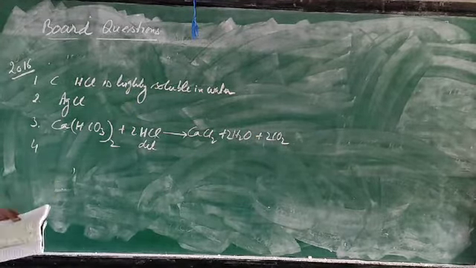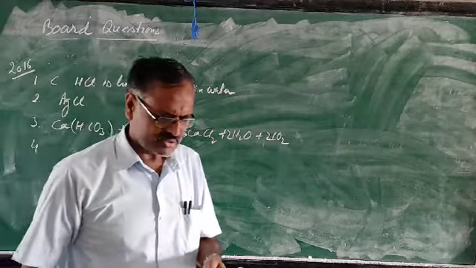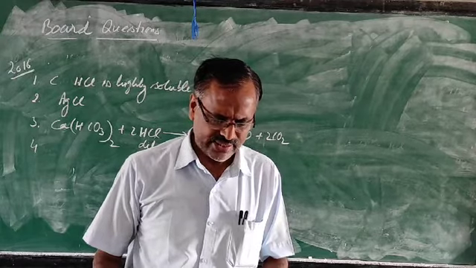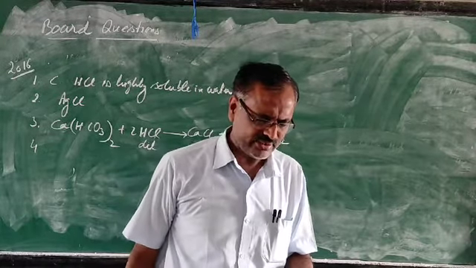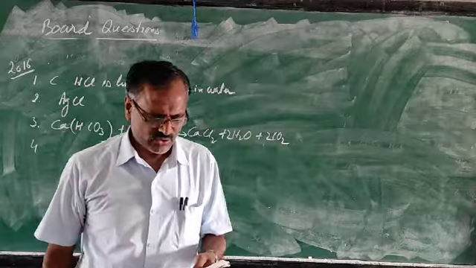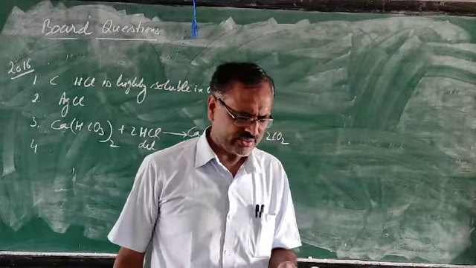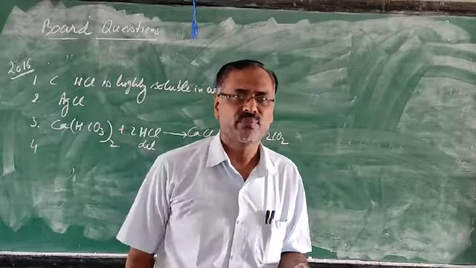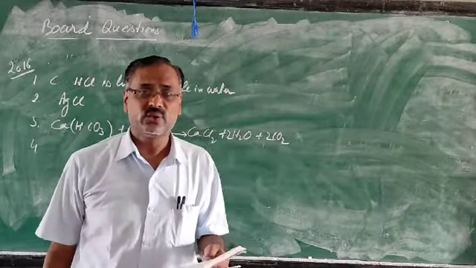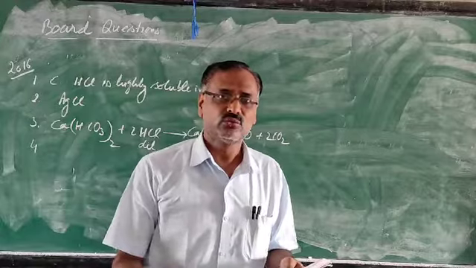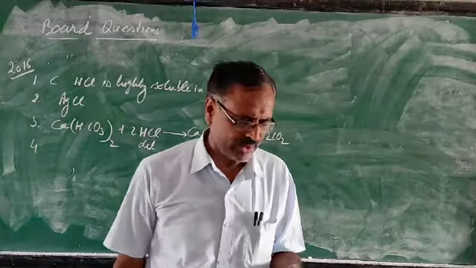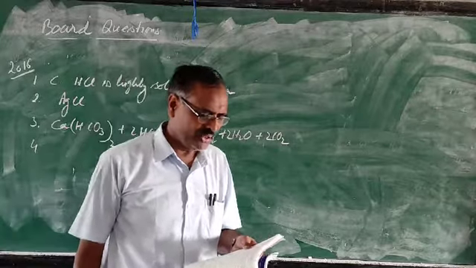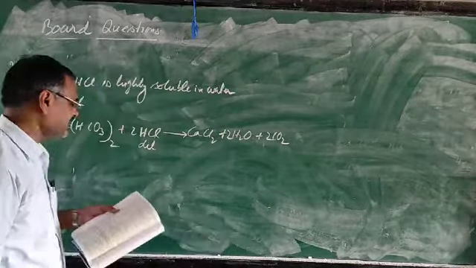Then fourth: state your observation when dilute hydrochloric acid is added to lead nitrate and the mixture is heated. You know that when dilute hydrochloric acid is added to lead nitrate, a white precipitate of lead chloride is formed. And you have studied that lead chloride is soluble in hot water. So when you heat it, it will dissolve. So what you will write here is that a white precipitate is formed, it is soluble on heating.